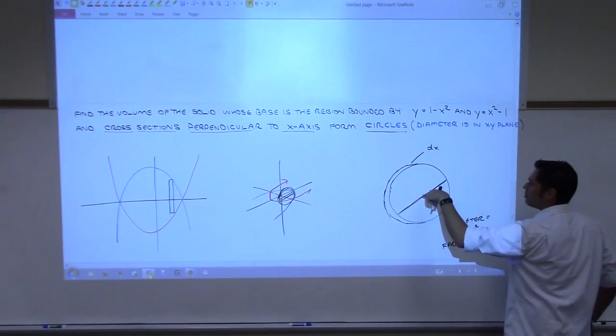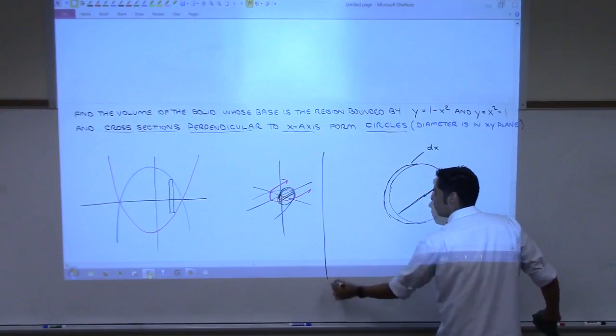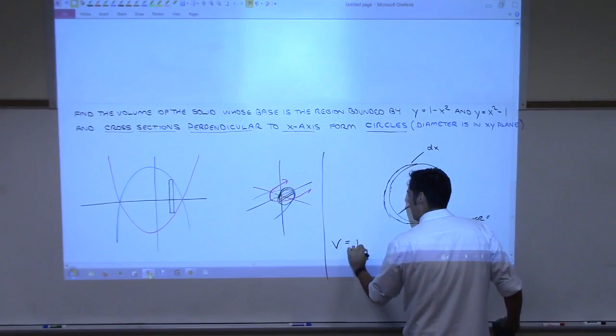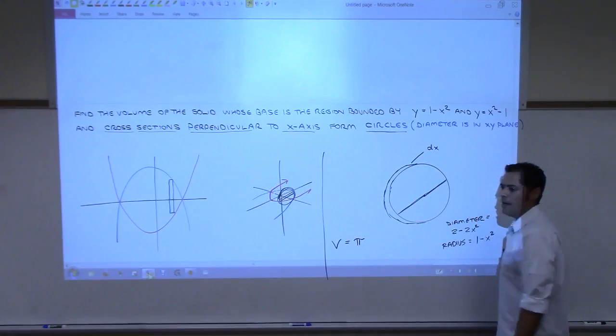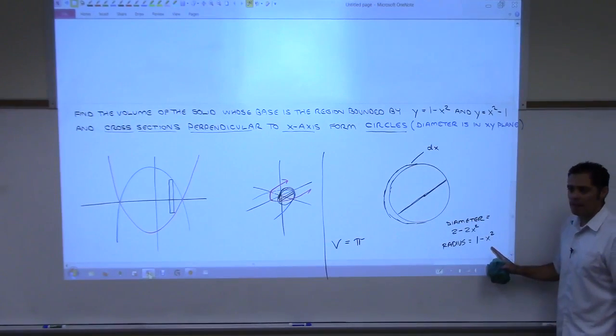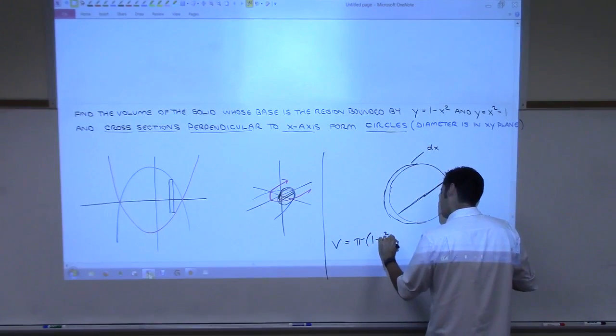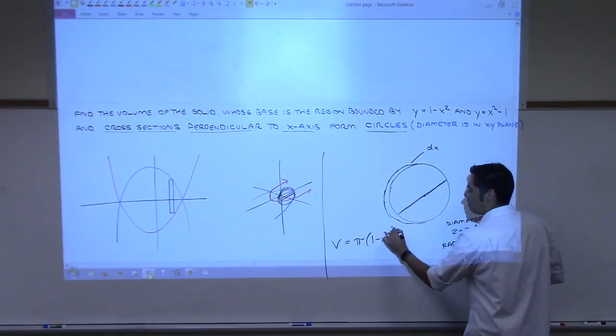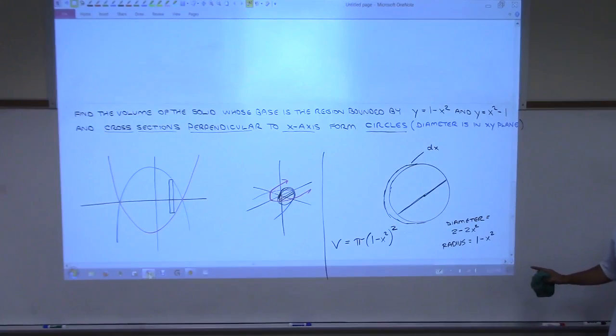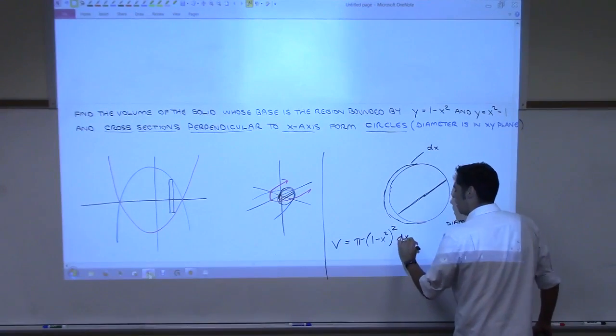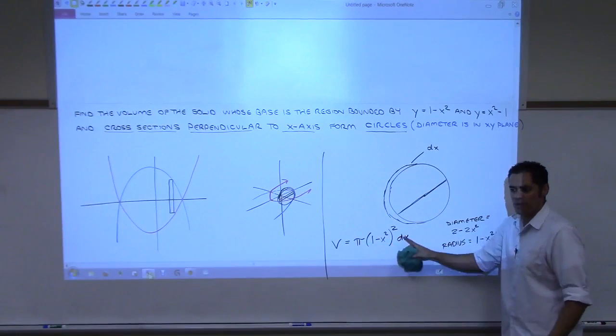So the volume of this little piece is equal to pi times your radius squared times the height, dx. Pi r squared times height.